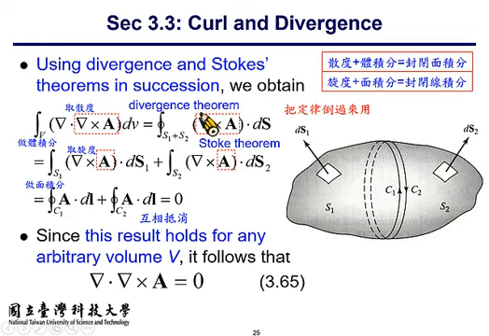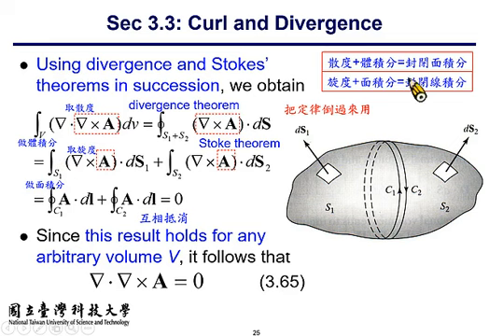And now you can identify the first term and second term as two surface integrals, and each happens to have its integrand as curl A, which is the curl of another vector.